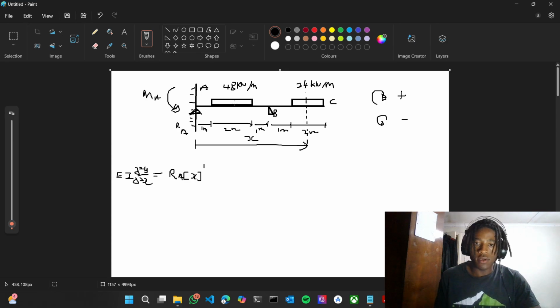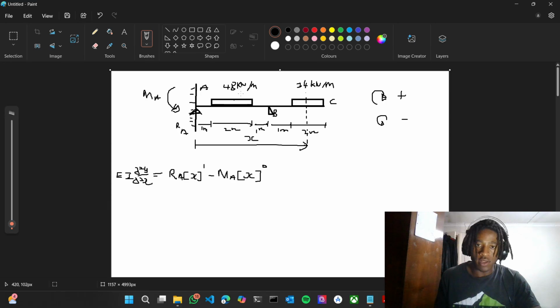Then you've got MA, which we said is anti-clockwise, so it's negative. So you subtract MA, and it too is multiplied by X, but because it's already a bending moment, you raise its exponent to 0.